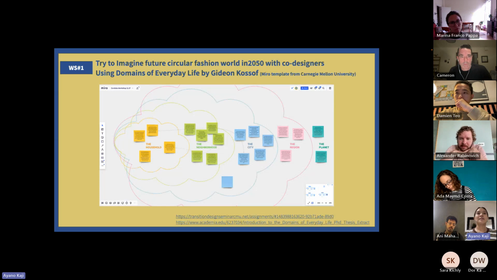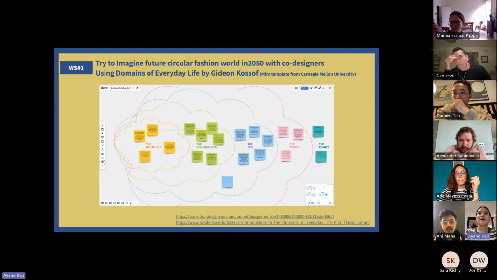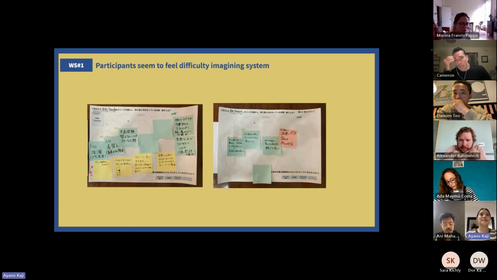Initially, I wanted participants to put sticky notes on each section and then connect each sticky note, but they couldn't do it. For example, in the left-side example, the city and region section was blank.